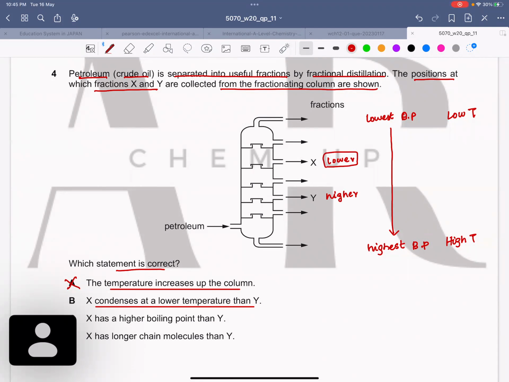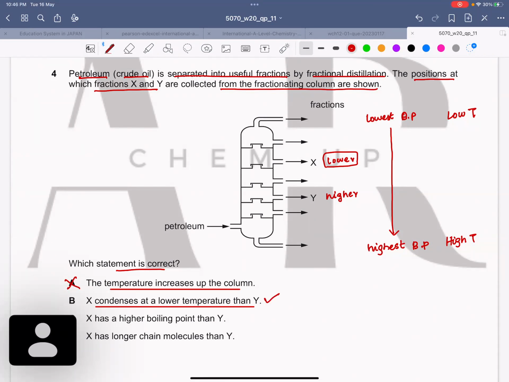If there are vapors and we lower the temperature, then as the boiling point is reached, the vapors start converting into liquid, they start to condense. So if the boiling point of X is lower, which clearly indicates that X is also going to condense at a lower temperature. So it is the correct statement.